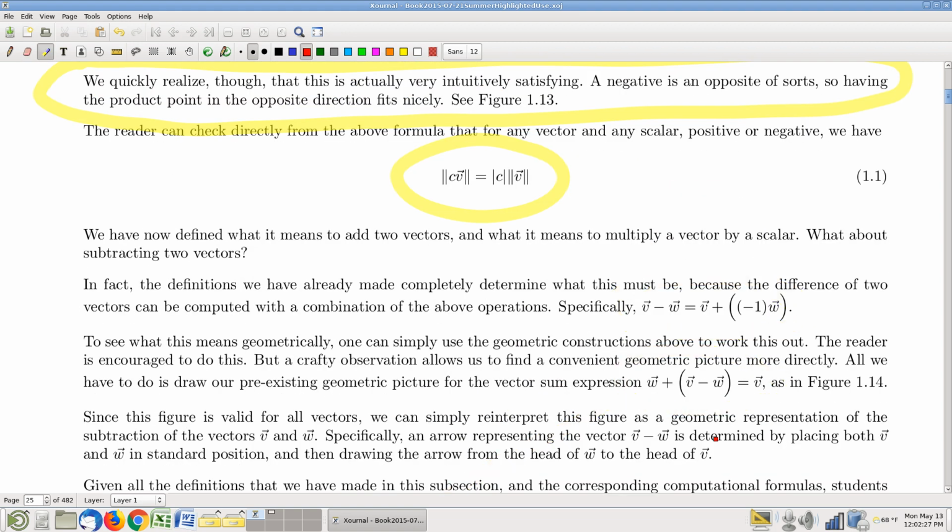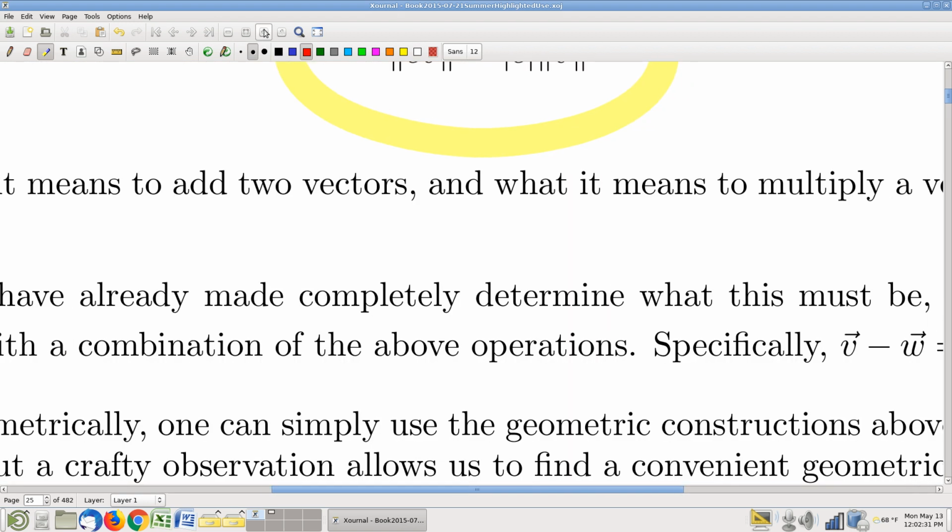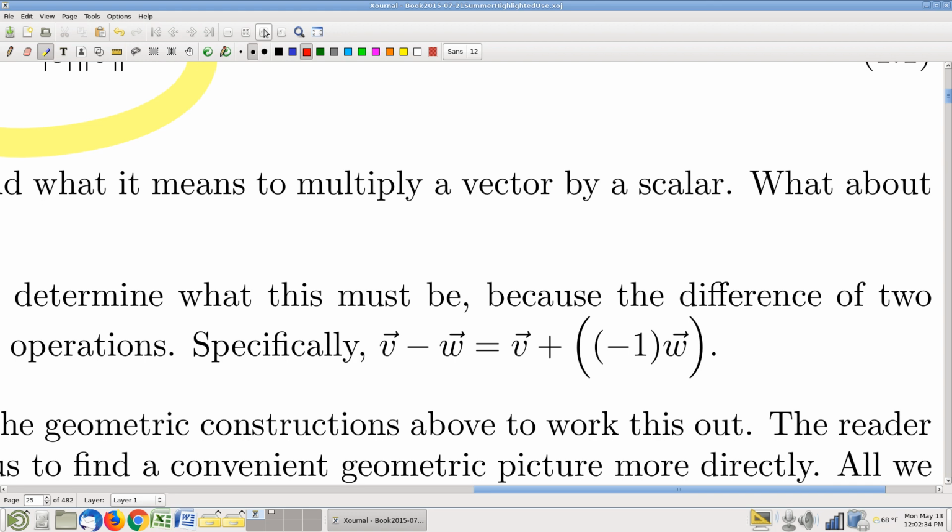I'll point out two things. First of all, I'll zoom in here. What it means to subtract two vectors is kind of thrust upon us by previous choices. If you're going to subtract, you are adding a scalar multiple of that second vector.